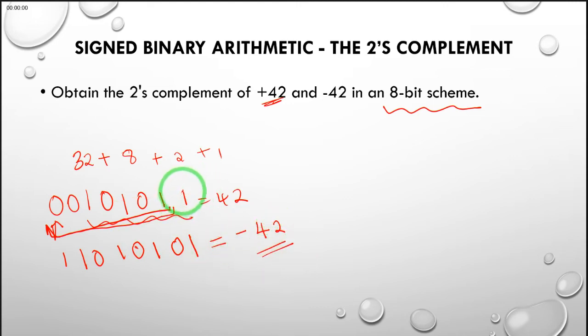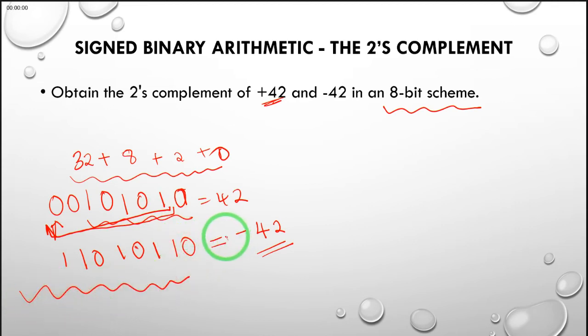I think I made a mistake here. This should be okay. So that correction is made. So it's supposed to be like that. So the most significant bit here should be this one. Therefore, it will not be touched, and therefore the final end result will be 1 0. And that is how we represent negative 42 using the 2's complement.